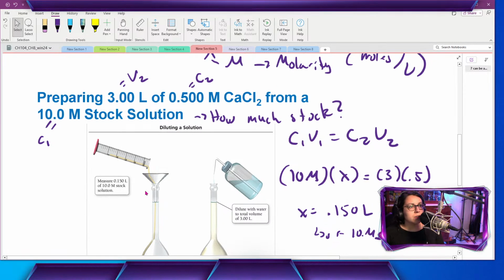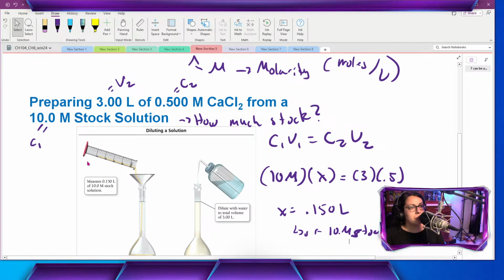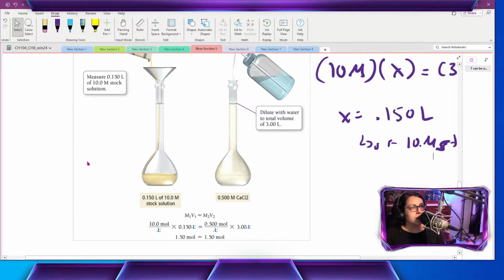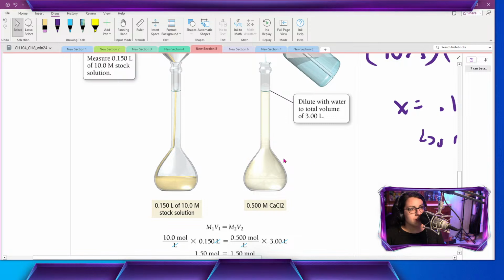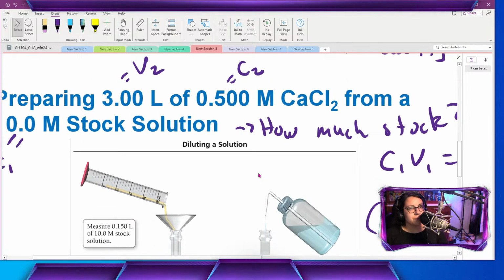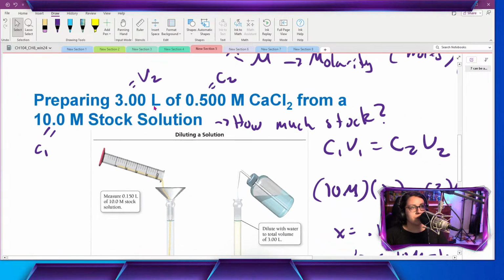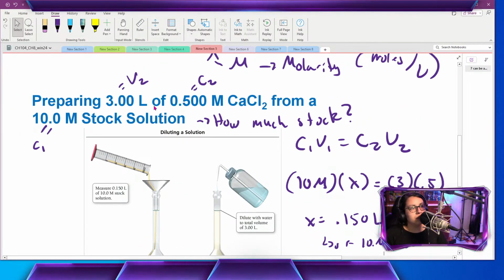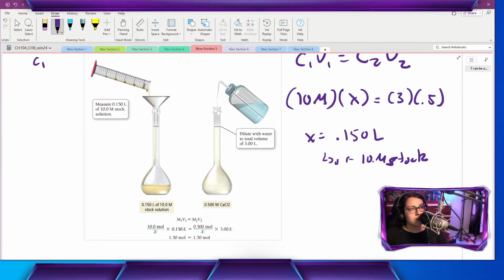And so now that's what is going to happen. Notice we have to have a 3 liter volumetric flask so we can accurately make 3 liters. It has to be our final volume. Then we measure out 0.15 liters as accurately as we can. So a graduated cylinder is okay.